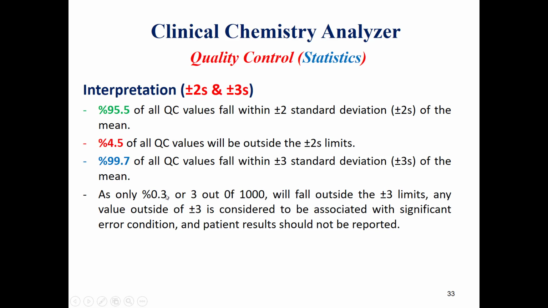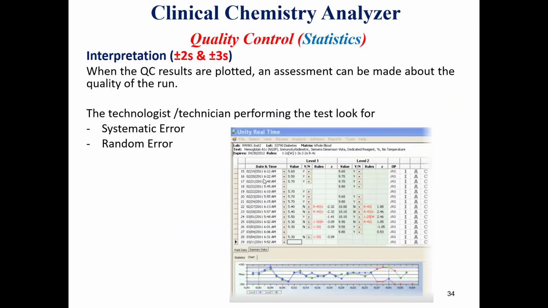Only about 0.3%, which means 3 out of 1000, will fall outside the plus minus 3 decision limits, and any value outside of plus minus 3 should be considered associated with a significant error condition, and the patient result in this case shouldn't be reported.